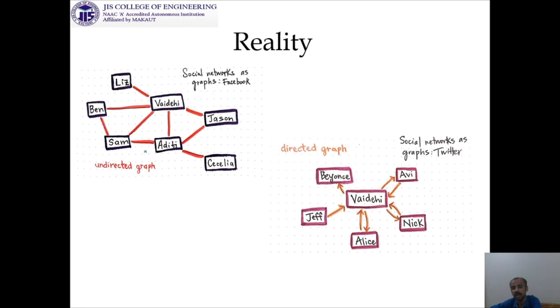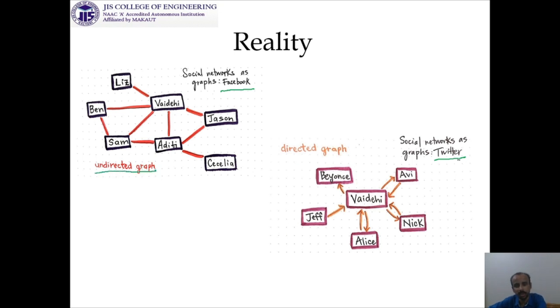Now in reality, where these things are important, both the terms are very familiar to you. One is obviously Facebook and another is Twitter. Now look at this. The concept Facebook uses is nothing but an undirected graph.